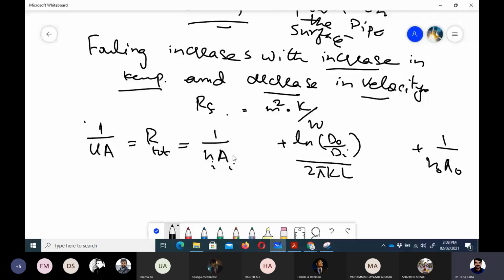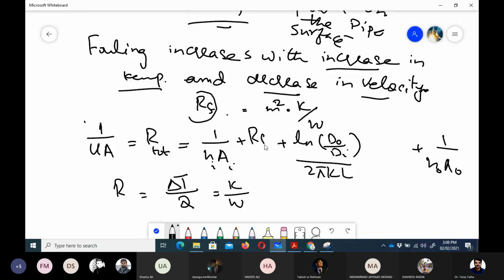Now, if you see this, because R is basically equal to delta T upon Q, the unit here is Kelvin per watt. So if we want to introduce this RF, then we need to divide it by area to have this equation with the same unit. So here we would say RFI and RFO divided by A outer.